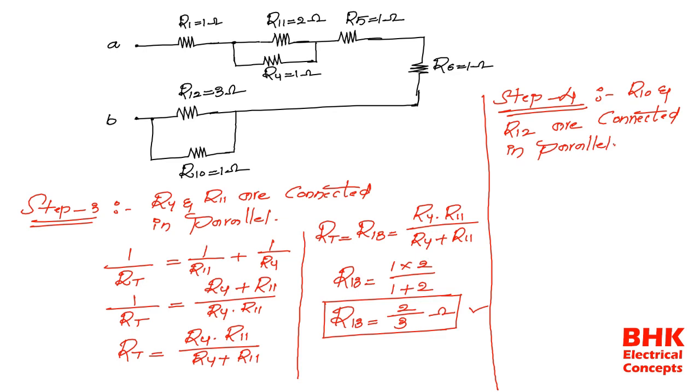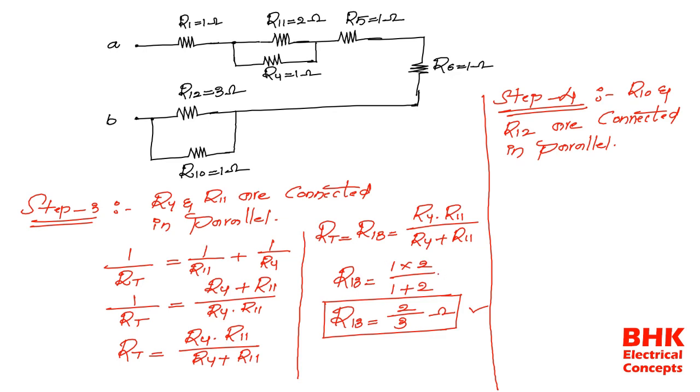Now again and again, no need to go for this step. Reciprocal of total resistance is equal to reciprocal of R11 plus reciprocal of R4, like this. So again and again, no need to go for like that, because finally we are getting the expression. Whenever the two resistances are connected in parallel, we can directly take the product of two resistances divided by addition of two resistances, like this.